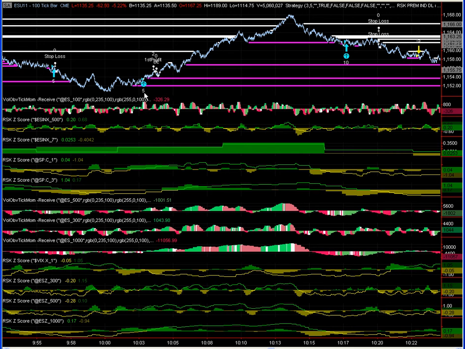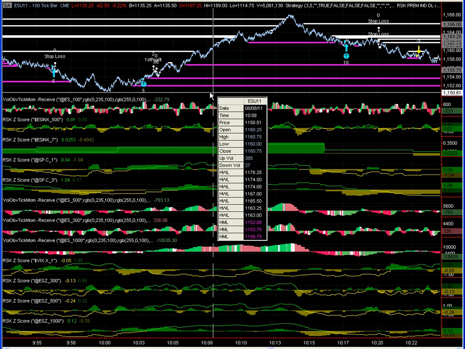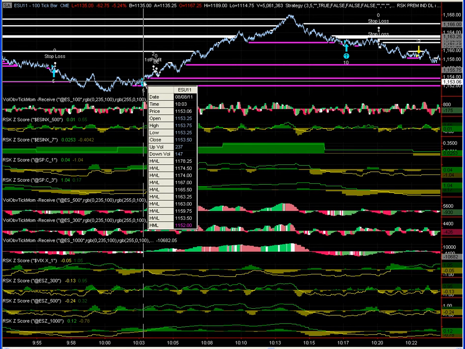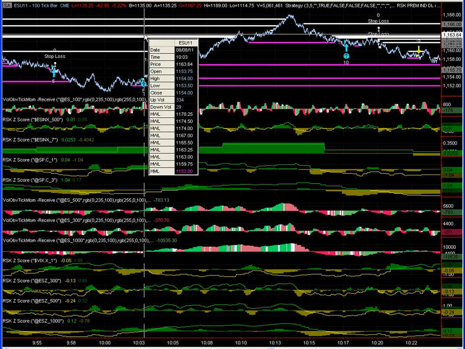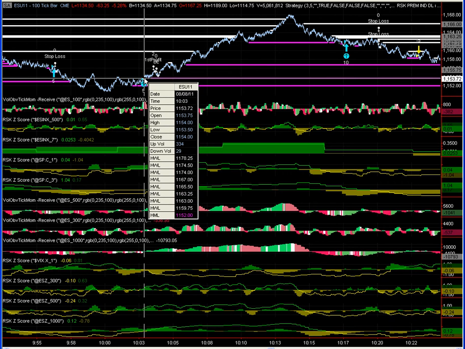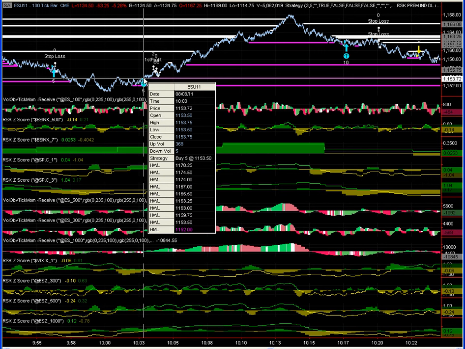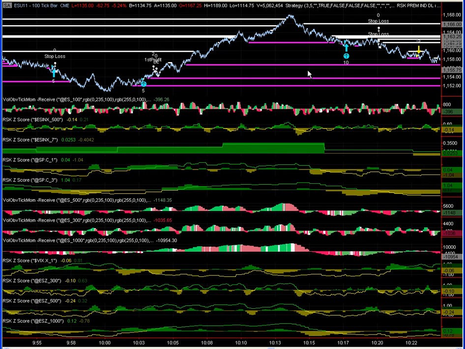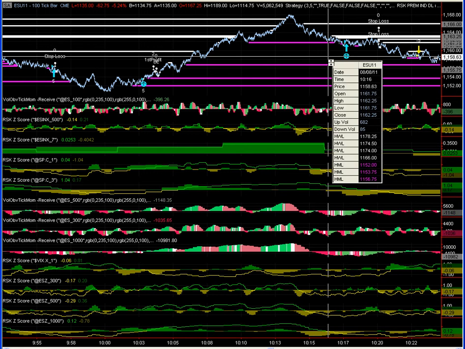But it just so happened that the market came against us and we exited. That trade here with a fill at, where did that thing get filled at? 53.50 would have exited on a hold at 61.75.